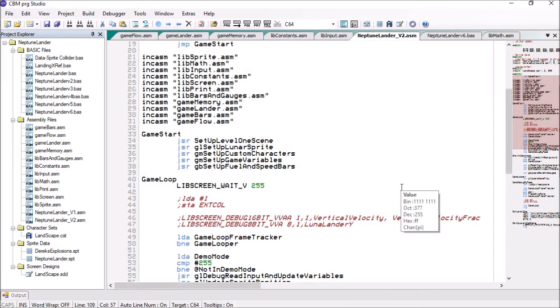Cool, it's 29 minutes. Right, okay, we'll call this video a day. So, what we've done is now we've got the lunar lander to be able to use the full size of the screen. In the next video we're going to have to test for the collision with the bars, and if it's collided with the bars, not to mark the die, not to go through the die routine, and just allow it to go over it.